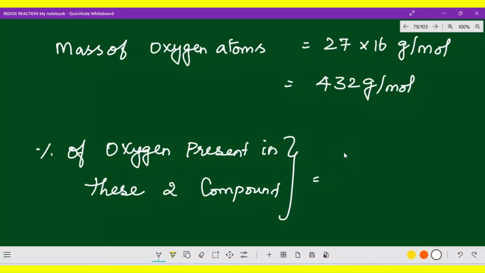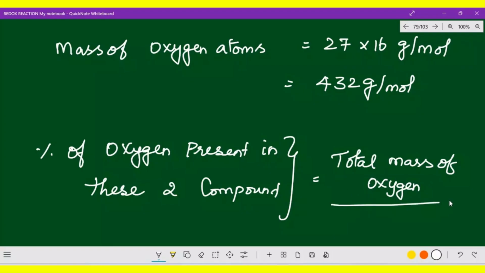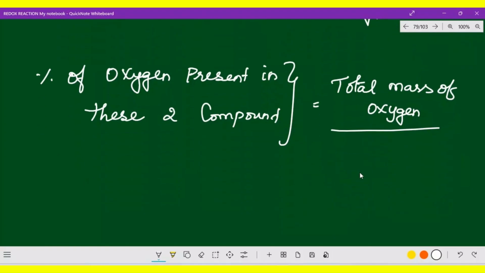Now what is the formula? Total mass of oxygen divided by the total molecular mass. The total molecular mass we just found, both together, is 1030, and the total mass of oxygen atoms is 432.